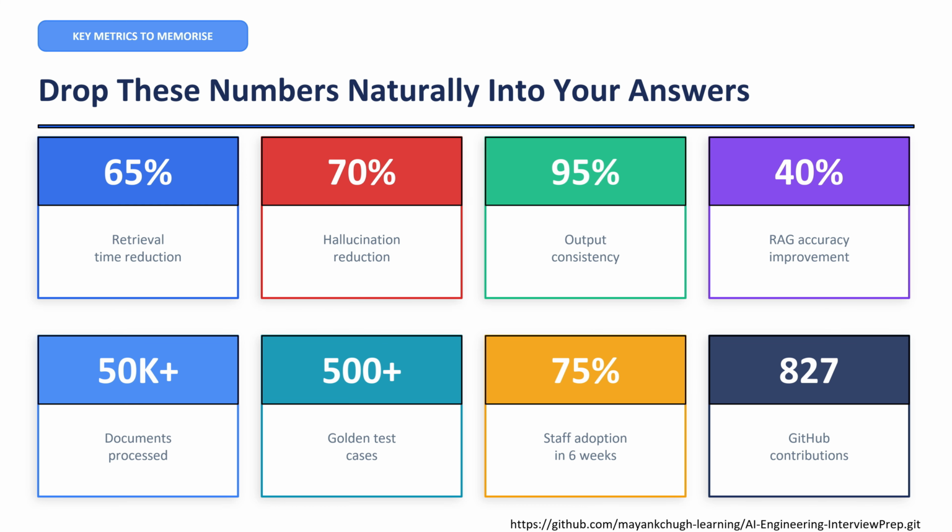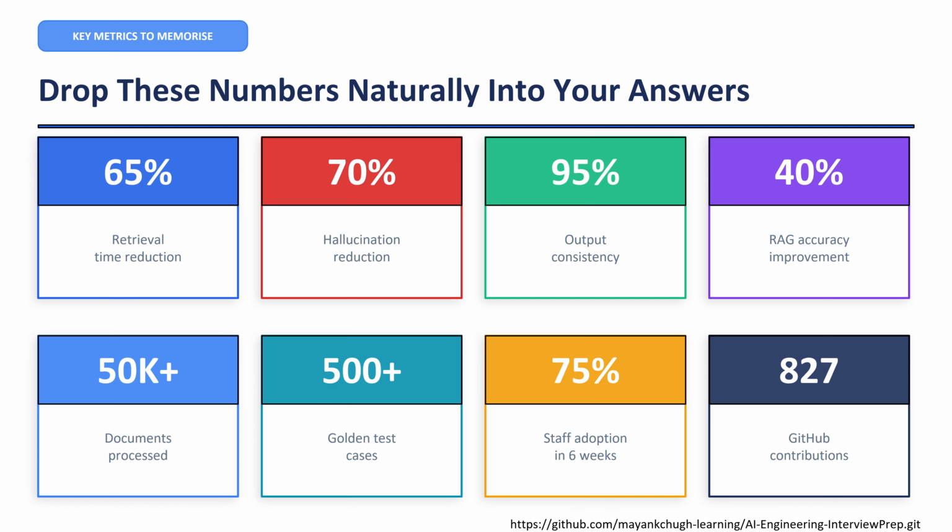Last but not the least, let's talk about the numbers you absolutely must have memorized before you walk into the interview. These are not real numbers; it's up to you, as per your projects or your work.